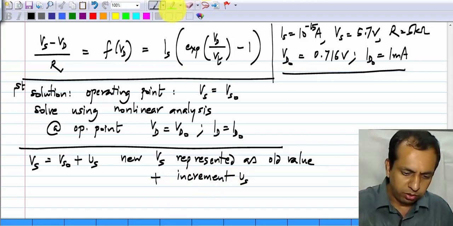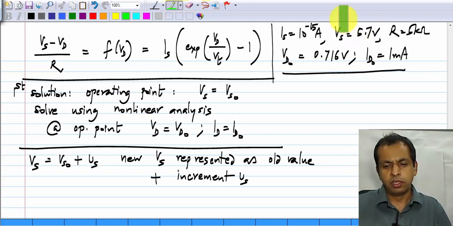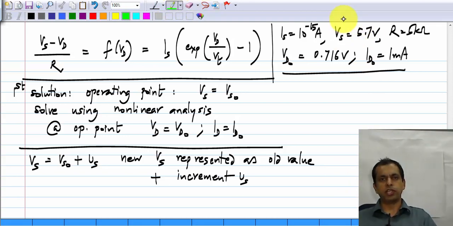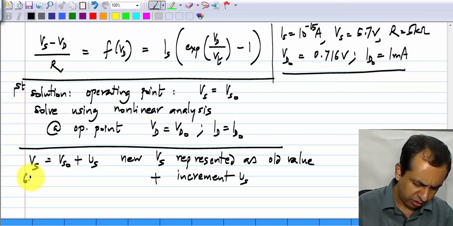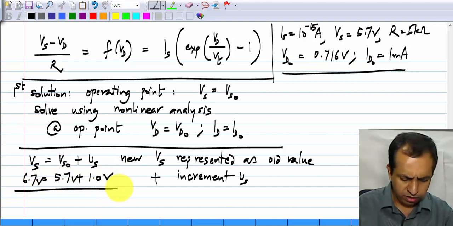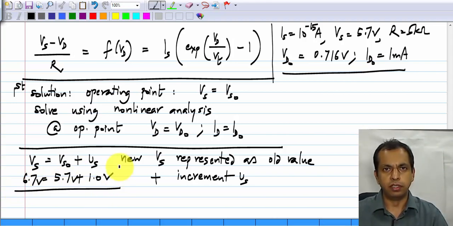My original value of Vs is 5.7 volts. If Vs changes to 6.7 volts, I will say that it is a 1 volt increment over 5.7 volts. I can do this for any Vs, right?